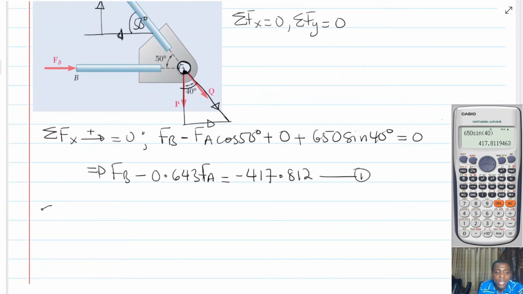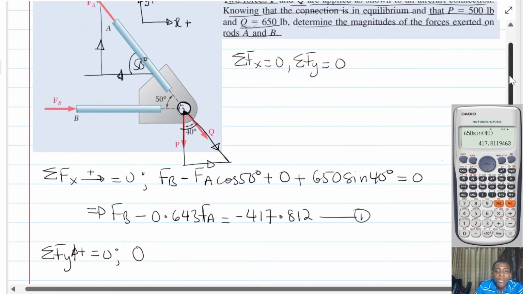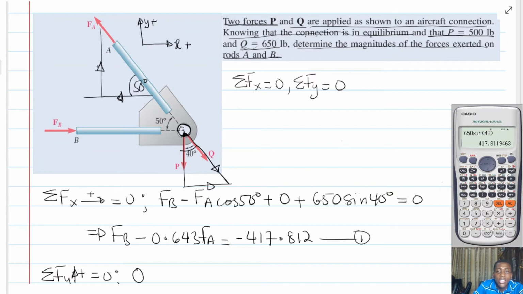From here, let's sum forces in the y direction. Every force going up is positive, and the sum should be equal to 0. Now FB is along the x direction, so it does not have any component along the y, so 0 for FB. Considering FA, this time around the y component of FA is in this direction, so it's going to be positive, and it's also sine because the 50 degrees is opposite to this side.